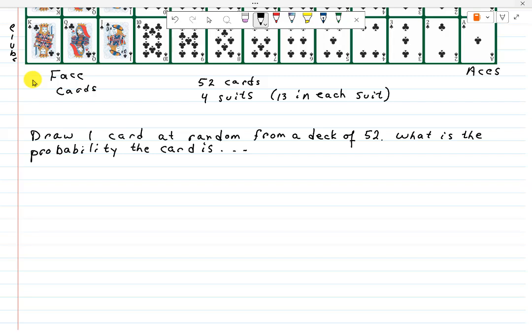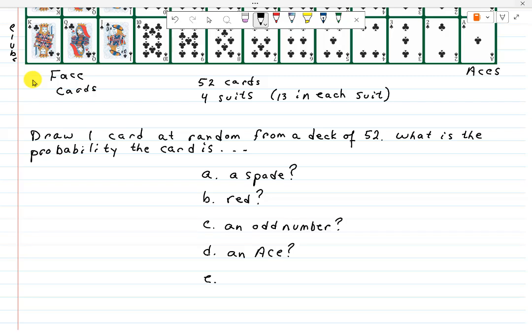So there'll be several parts here. A spade, red, an odd number, an ace, a red face card.